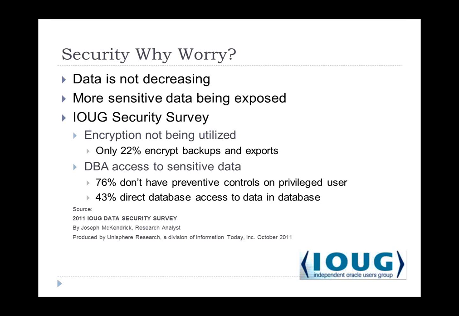And then the DBA access to sensitive data. So even if you're not afraid of external sources, there might be some internal sources, your sysadmins, your DBAs, that have access to the sensitive data. And 76% don't even have preventative controls on privileged users. So the trust but verify type of comment comes to mind immediately with this.